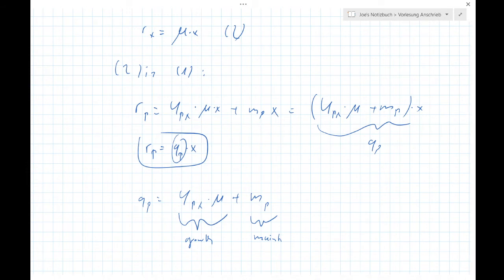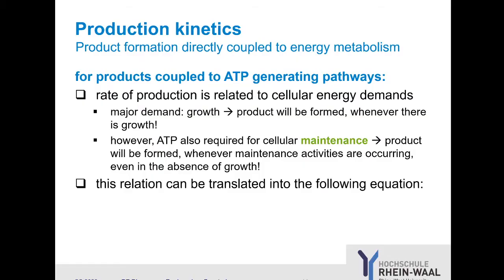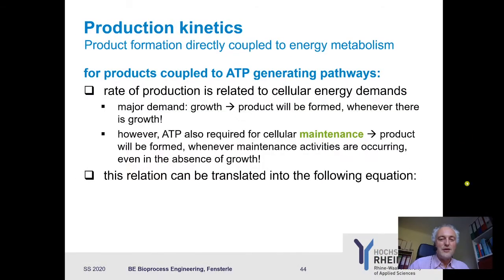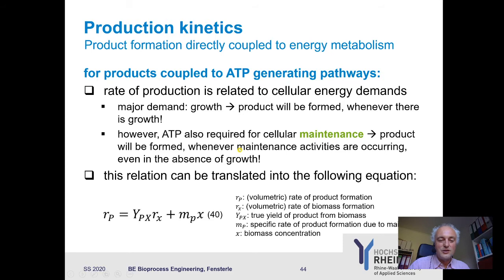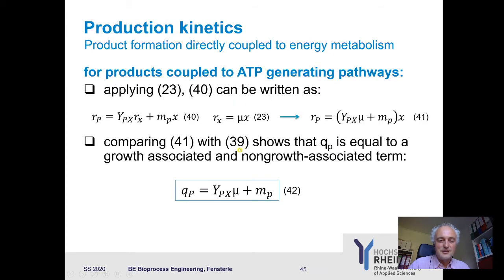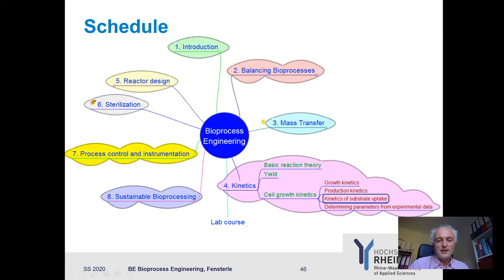Of course, you have these formulas in your formulary. So a warm recommendation is always be aware what you have in your formulary. Of course, this should now also appear, and this is the case. So that's the point here. And of course, you have this equation also in your formulary. So this is production kinetics. And now we come to the kinetics of substrate uptake.